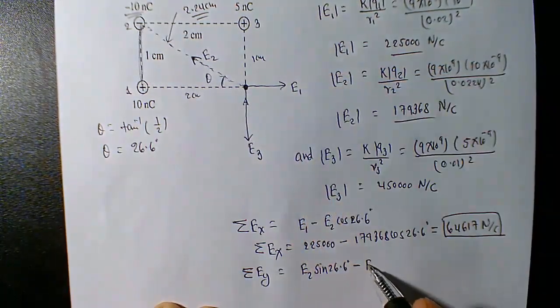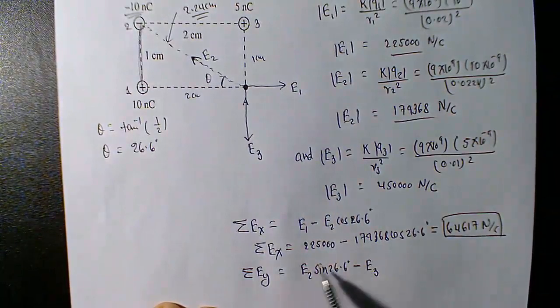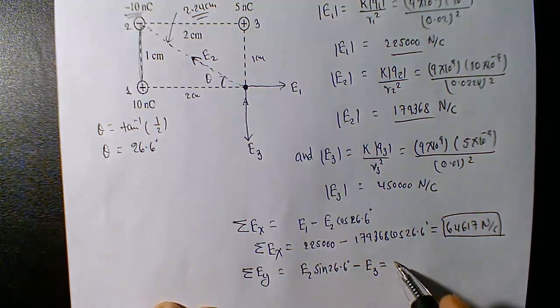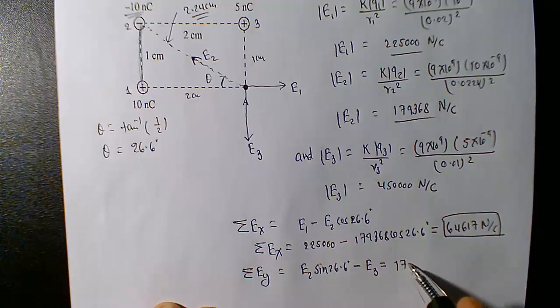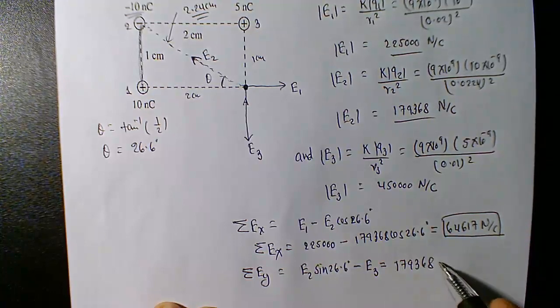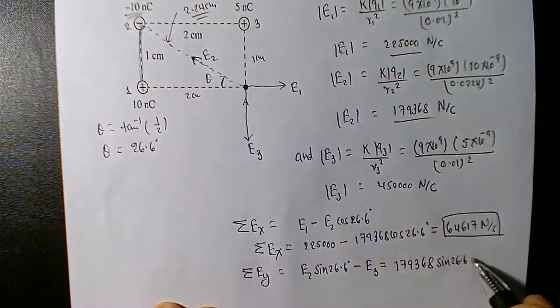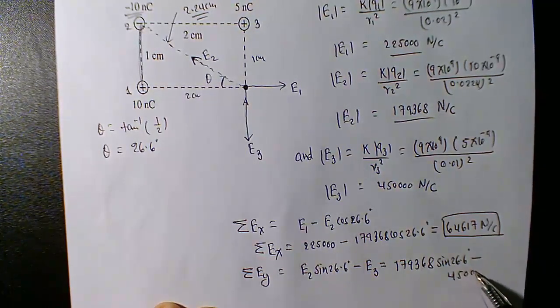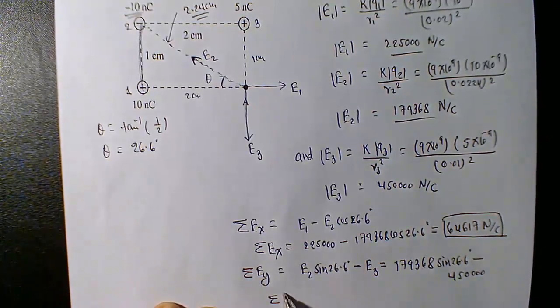So put all the numbers: E2 magnitude 179,368 times sine of 26.6 degrees, minus E3, 450,000. That gives you the sum of the y component, negative 369,686. See, this came out negative.